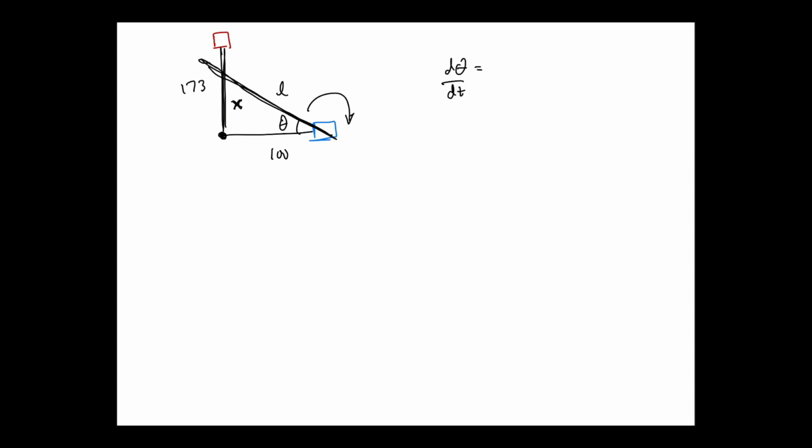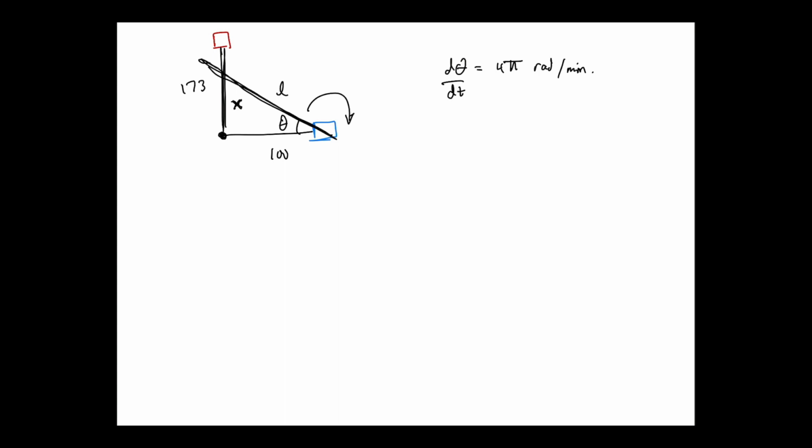So twice per minute would be 4 pi. Okay, so 4 pi radians per minute. And I'm going to be explicit here that we are using radians for the next step.